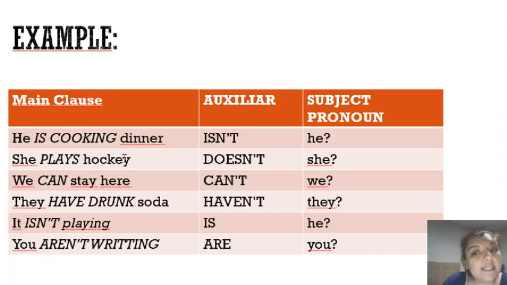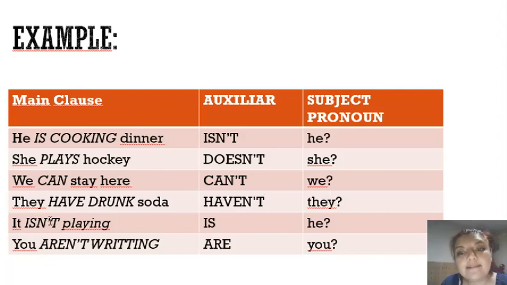She plays hockey. Doesn't she? Why doesn't? Remember, does or doesn't comes with the third person. Let's move on. We can stay here. Can't we? The next, they have drunk soda. Haven't they?